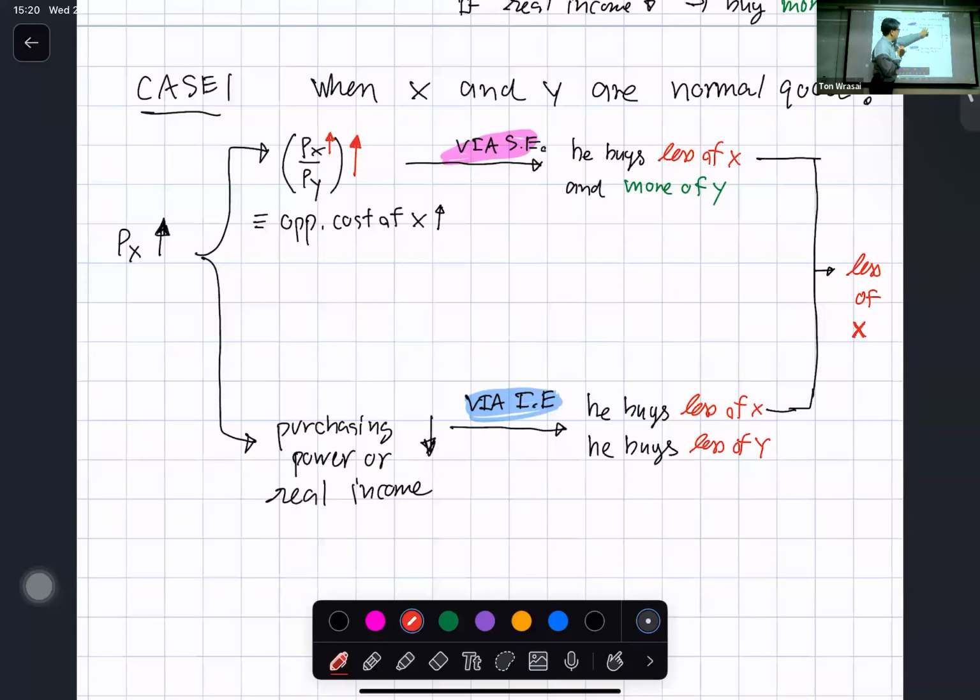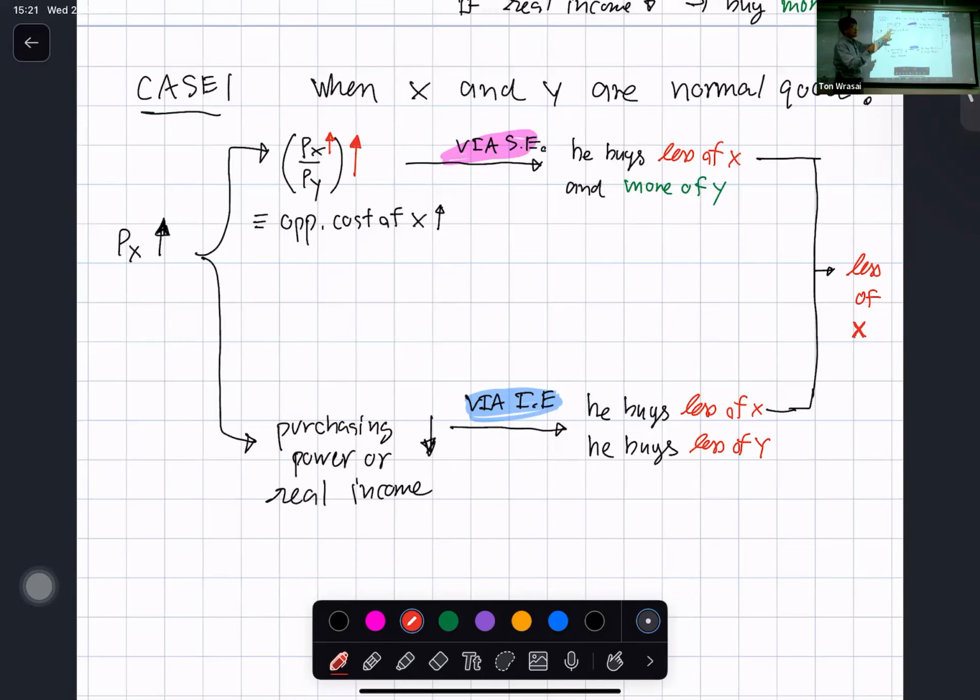If SE on Y is stronger than IE on Y, he will buy more of good Y. But if the income effect on good Y that drives him to buy less of Y is stronger than SE that drives him to buy more, then at the end he will buy less of good Y. Okay. All right.